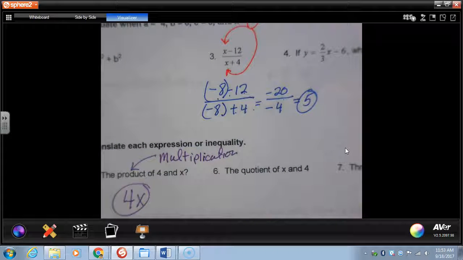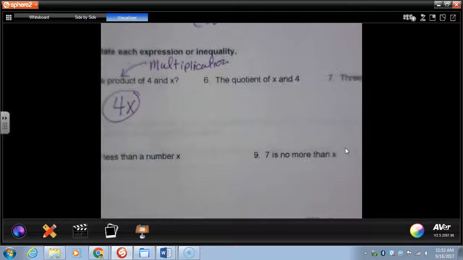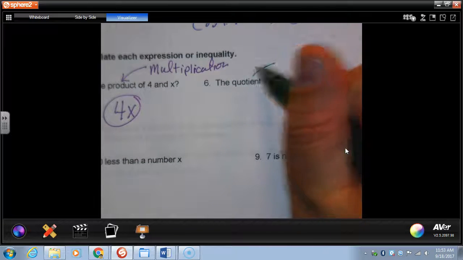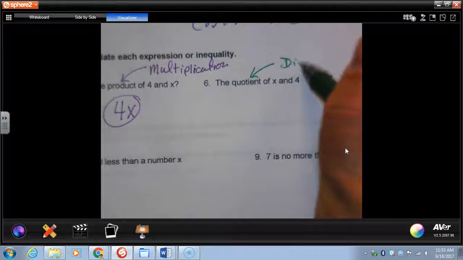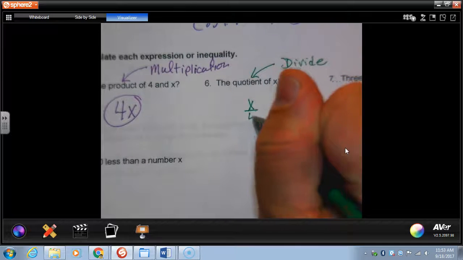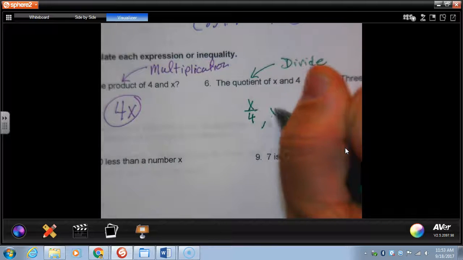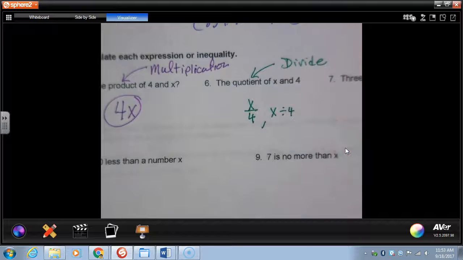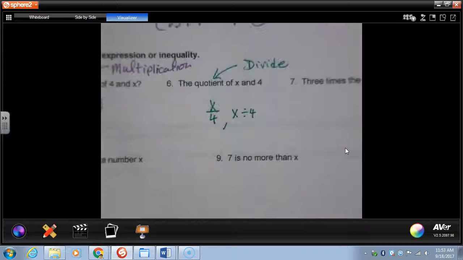What does quotient mean? That's right, divide. X over 4, x divided by 4. Either way.